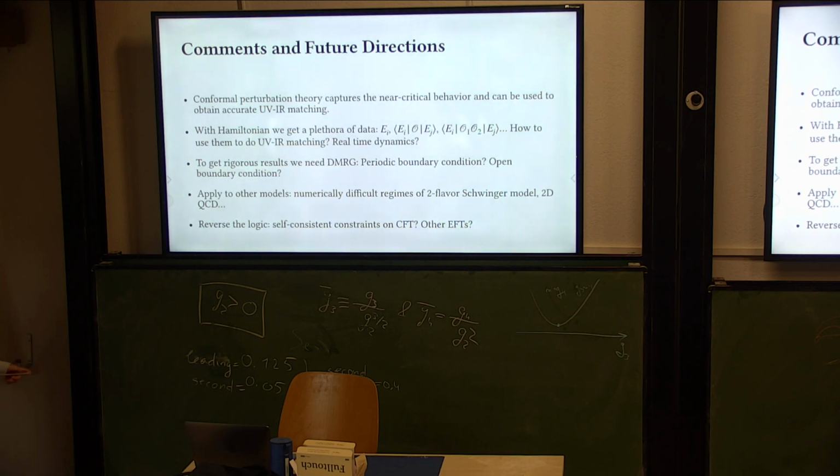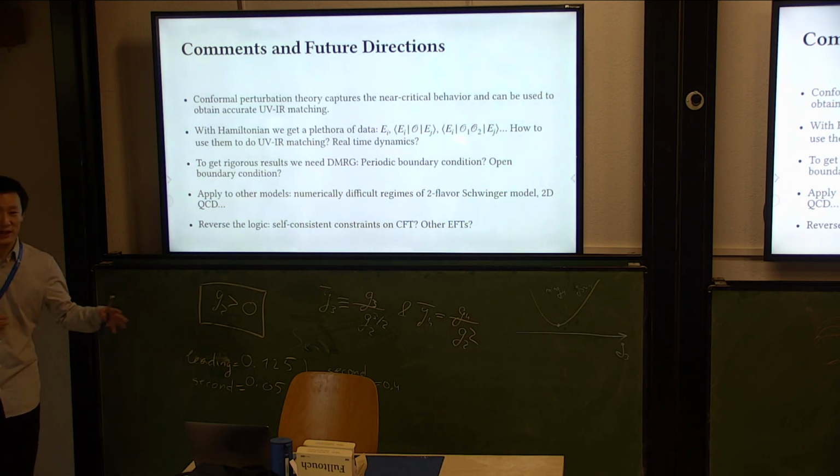So the punchline is that conformal perturbation theory captures the near critical behavior, and we can use it to do a lot, one of which is obtaining a more accurate UV-IR matching, such as measuring the critical point of some UV model. Things to do in the future: we don't just get the spectrum.